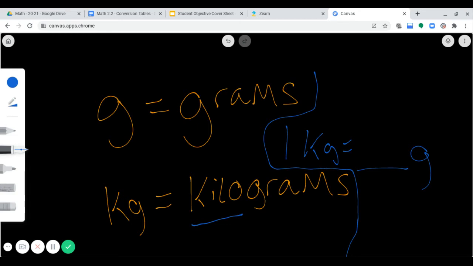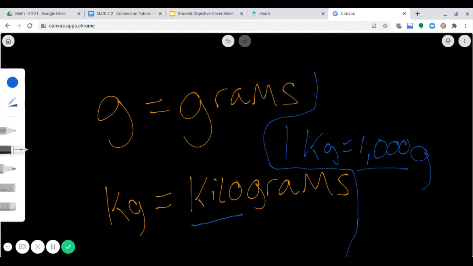It took 1,000 meters to make 1 kilometer. This prefix kilo means 1,000. So if we have 1 kilogram, how many grams is that going to equal? Well, kilo means 1,000. 1 kilogram equals 1,000 grams.